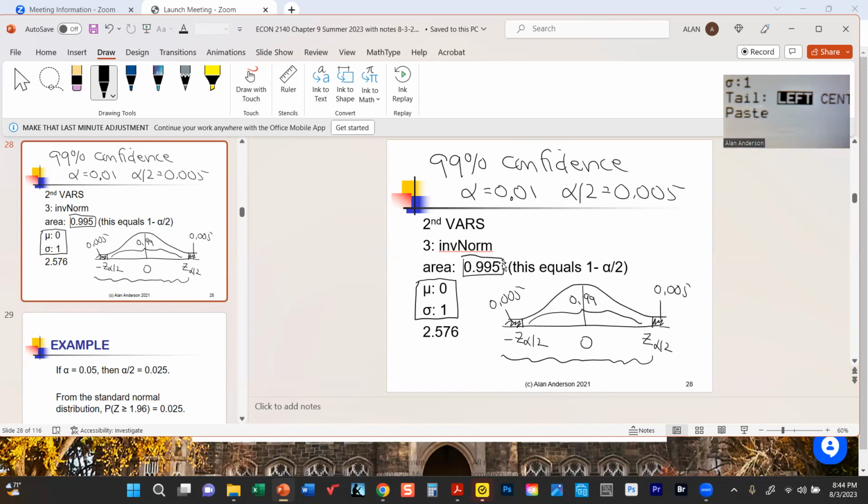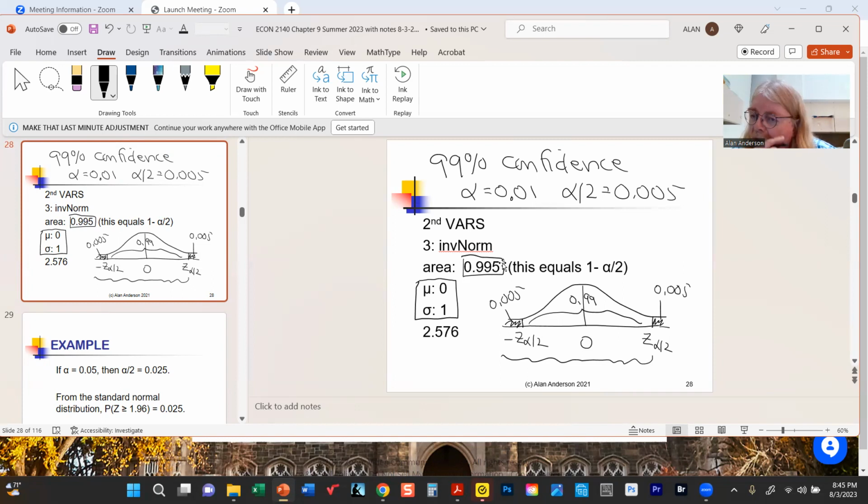Now I know it's backwards, but it says tail left, center, right. The default is left. So here's what you can do now. If you move that over to right, what that means is that the area of interest is now 0.005. In other words, instead of saying there's 99.5% in the left tail, we're calling it 0.5% in the right tail. And if you go down and hit paste, it's the same number.